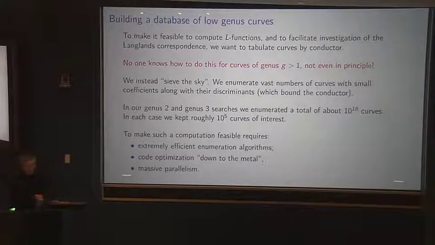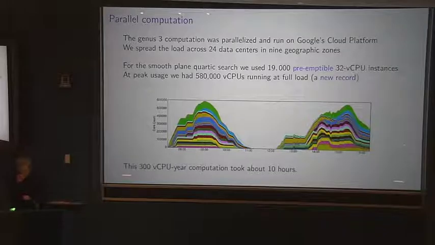And then the last ingredient is massive parallelism. So if we're going to search the sky, we want to not use just one telescope. We want to use as many telescopes as we can find, all the ones that Google will give to us, or sell to us, I should say. So I'm just going to describe the most recent computation I ran, on Google's cloud platform.